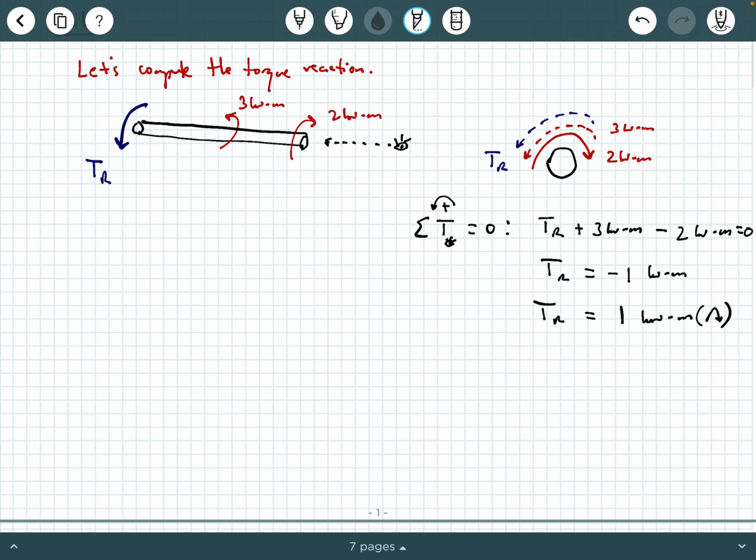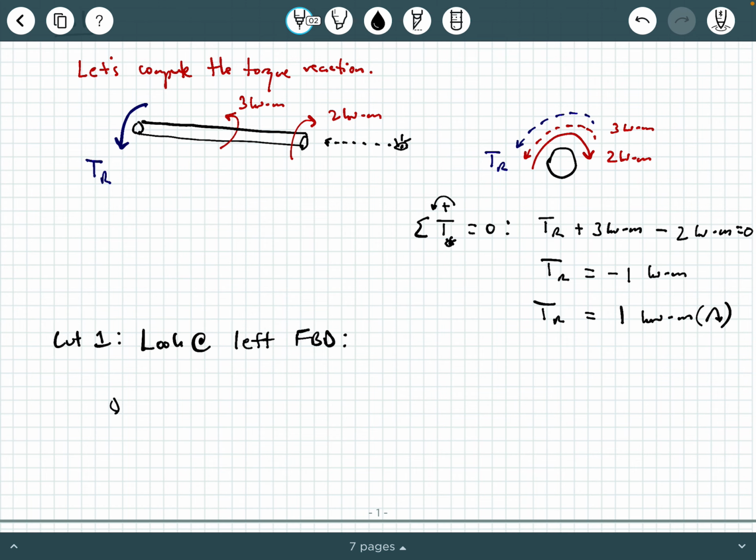Since I went through the trouble of getting TR, how about we look at a left free body diagram for illustrative purposes of this example? So I'm going to say, let's make a cut 1, and look at left free body diagram, okay? So when we do that, what do we see?